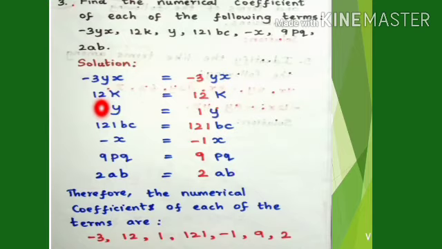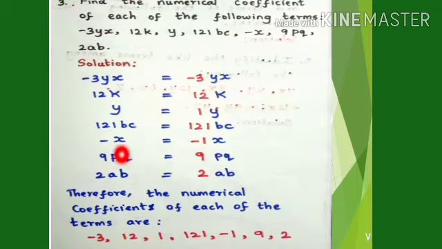And here 12x. 12 is the constant which is in front of the variable, so it is the coefficient of this term 12x. If there is no number before the variable, we have to consider it as 1. So here 1 is the coefficient of this term y. Here 121bc, so 121 is the coefficient of this term.